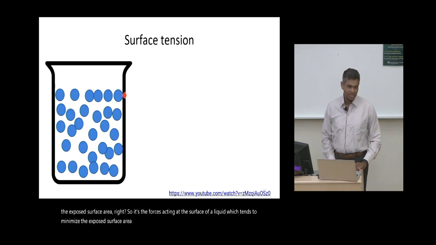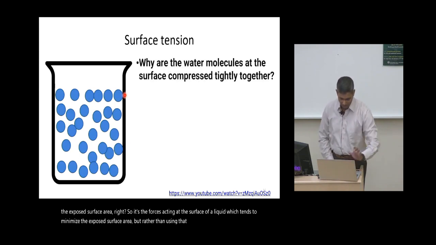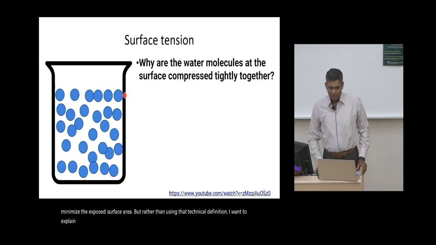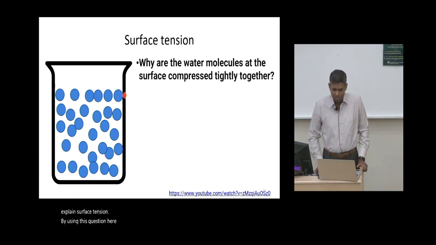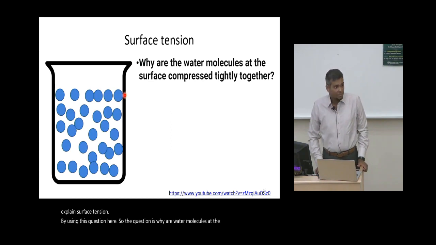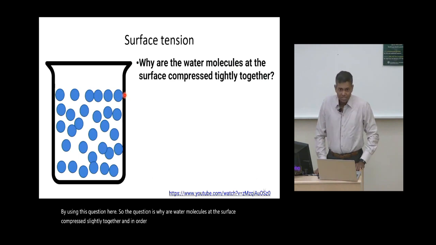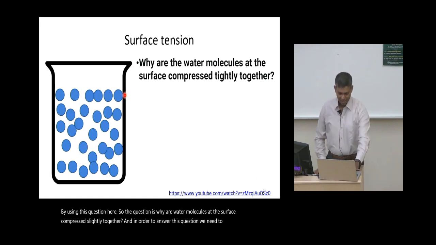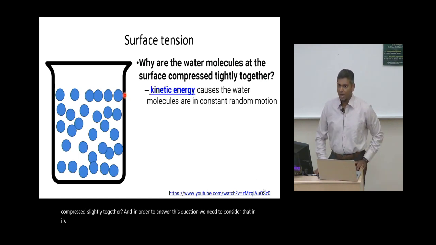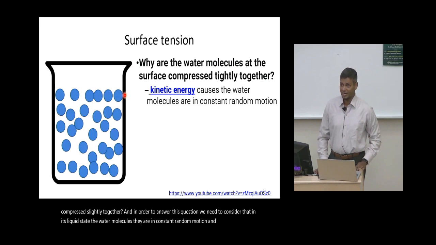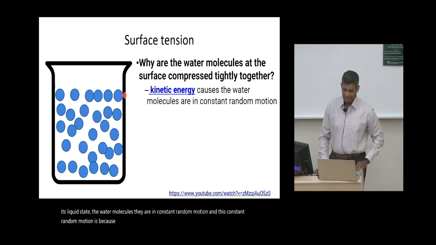But rather than using that technical definition, I want to explain surface tension by using this question here. Why are water molecules at the surface compressed tightly together? In order to answer this question, we need to consider that in its liquid state, the water molecules are in constant random motion, and this is because of their kinetic energy.